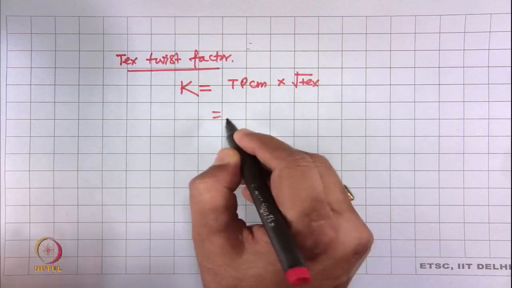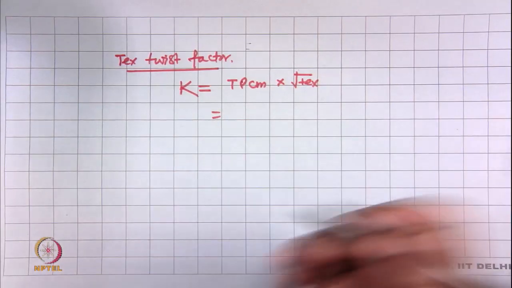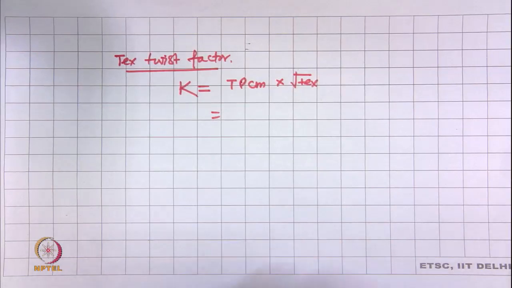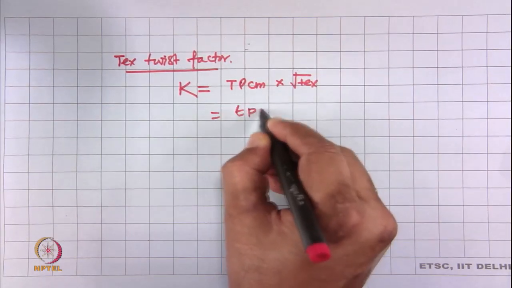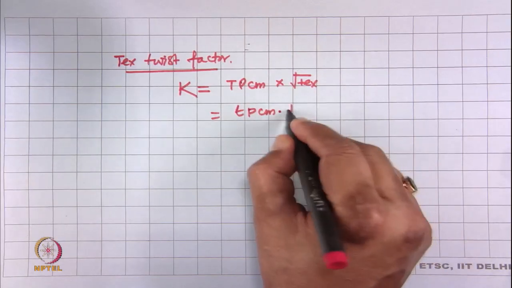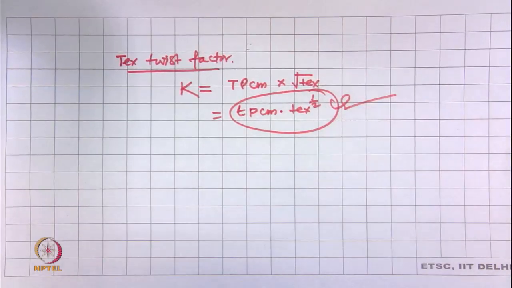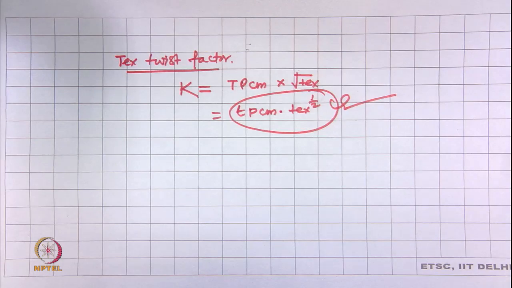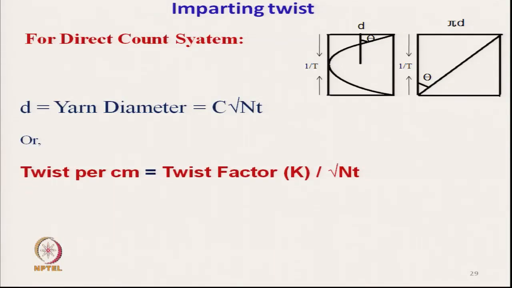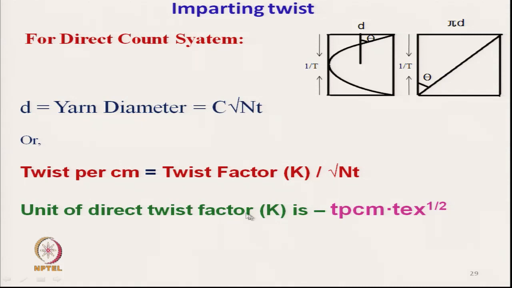So, the unit of twist multiplier in direct system will be TPCM multiplied by tex to the power half. This is the unit we use for direct twist multiplier. So, for direct count, twist per centimeter equals twist factor divided by under root of tex. The unit of twist factor is TPCM multiplied by tex to the power half.